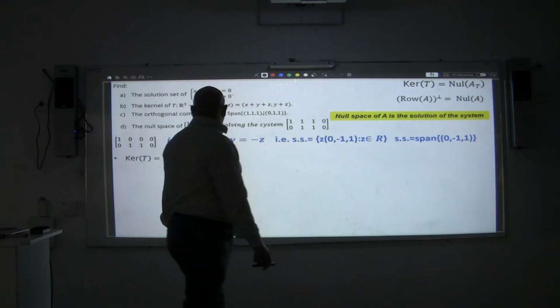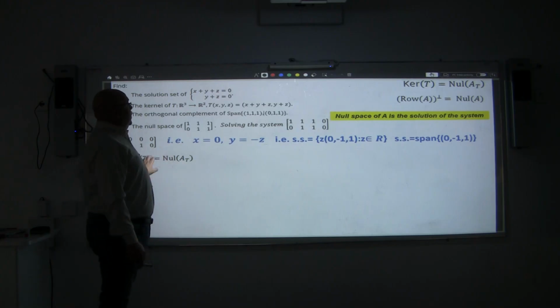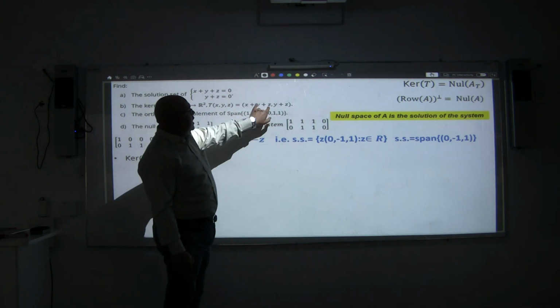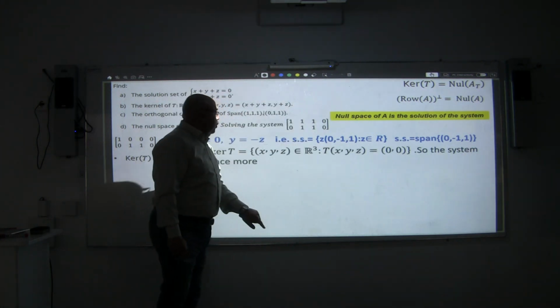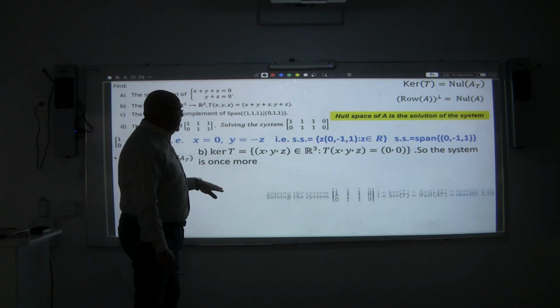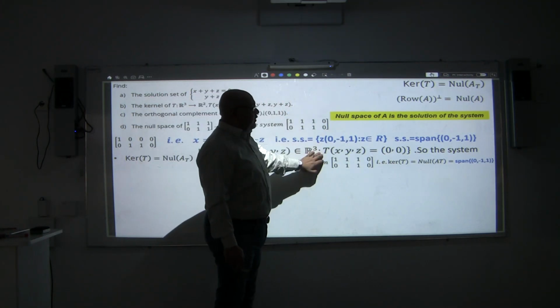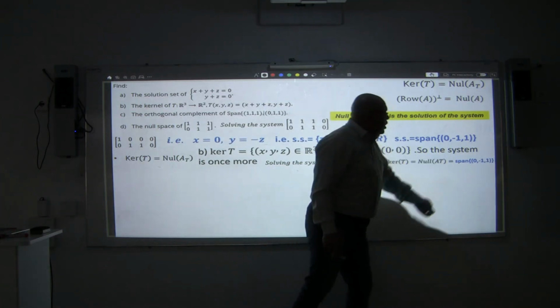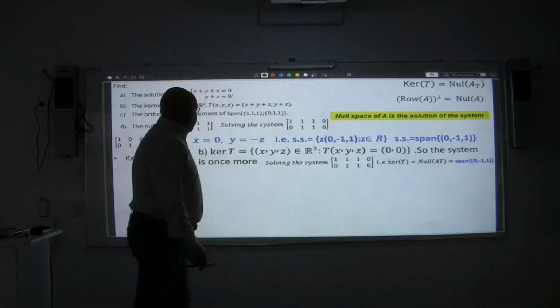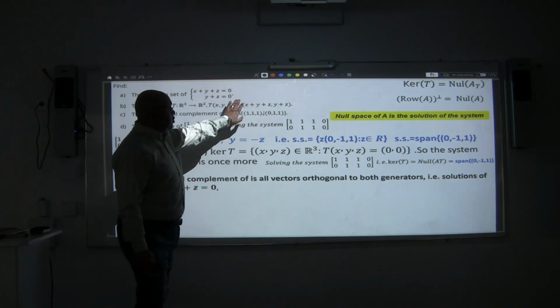In a similar manner, the kernel of T is the null solution. So the kernel has the image of this linear transform, these 2 guys, and putting them equal to 0, which once more will end up with the same system of equations as those. Solving it will lead you to the span of 0, -1 and 1. For the third, he wants you to find the orthogonal complement.